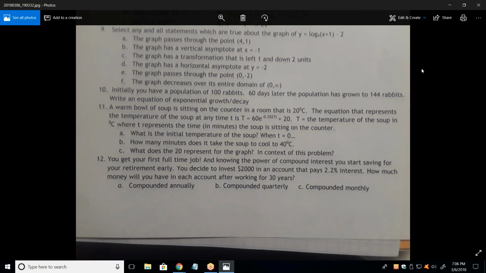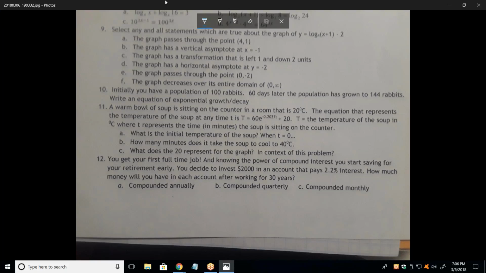So how are we going to figure this out? What's a good strategy to take? What's the first thing we should probably do? In other words, we wouldn't necessarily need to do it if we were just doing 9a. We could just fill in that for x and see if we get a y of 1.